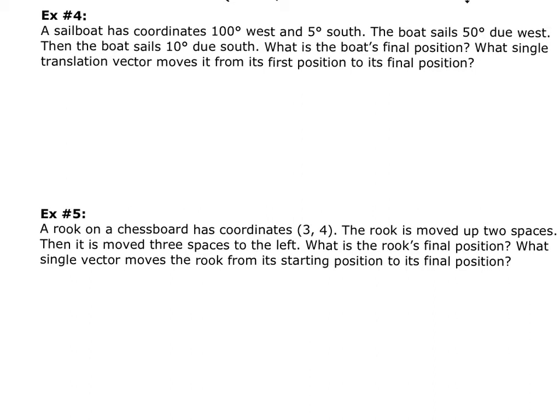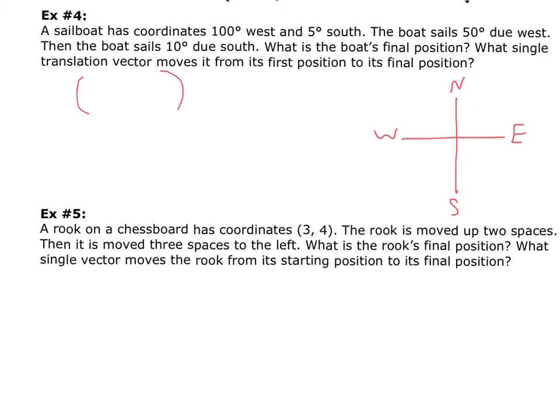Well, when you have these word problems, you're going to want to establish a vector, and sometimes a picture can help us. So let's draw a compass rose. We have north, east, south, and west. And you're going to want to draw or write a vector that represents the initial location of the sailboat. Okay, so we have our location here.